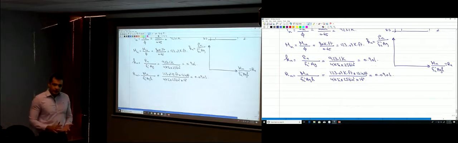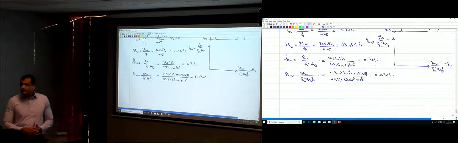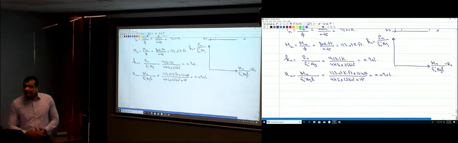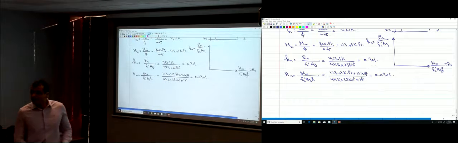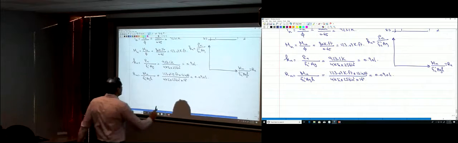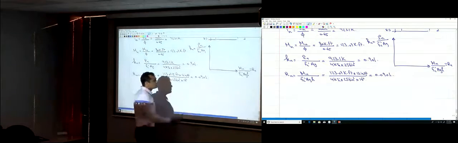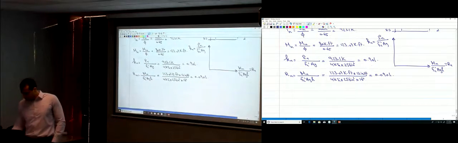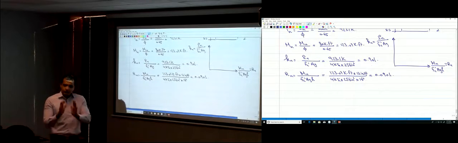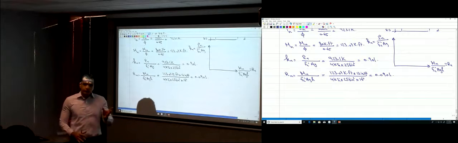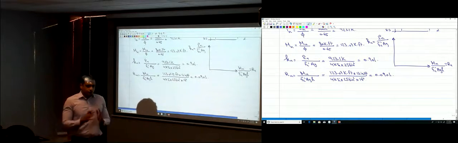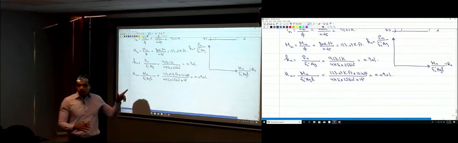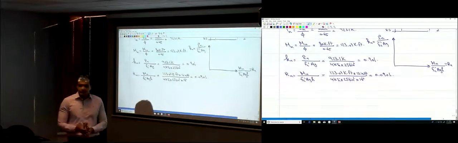You have a set of interaction diagrams. Now you have 12 interaction diagrams: 4 for the columns where the steel is only on one face, 4 for the steel distributed over the 4 faces, and 4 for circular columns.